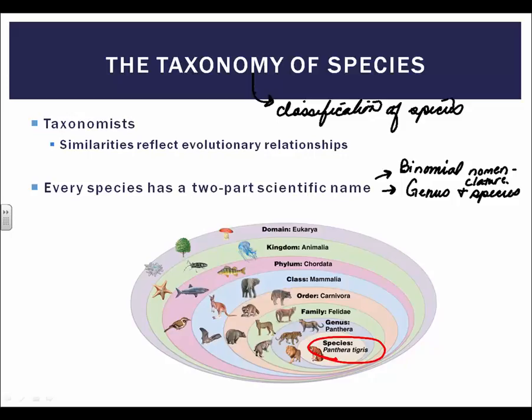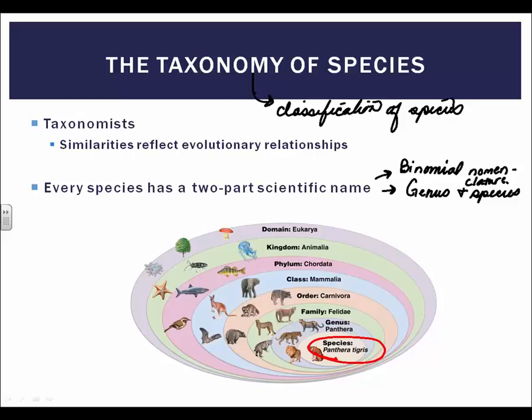That's an example. Now what happens with taxonomy is that we start really, really broad, and then we start subdividing it into more specific categories. We have domain, kingdom, phylum, class, order, family, genus, species. Those are the several subdivisions of life.